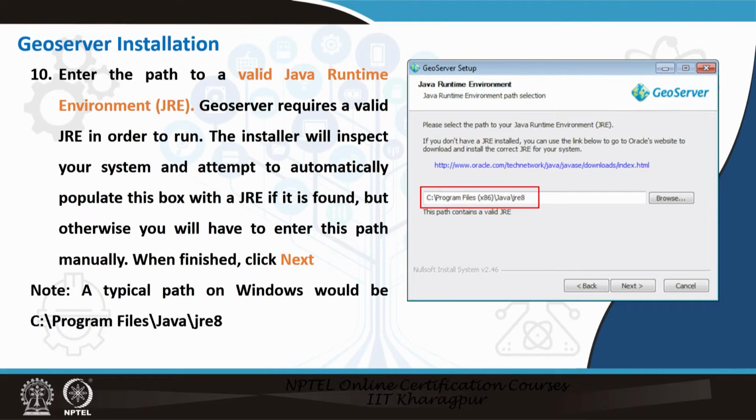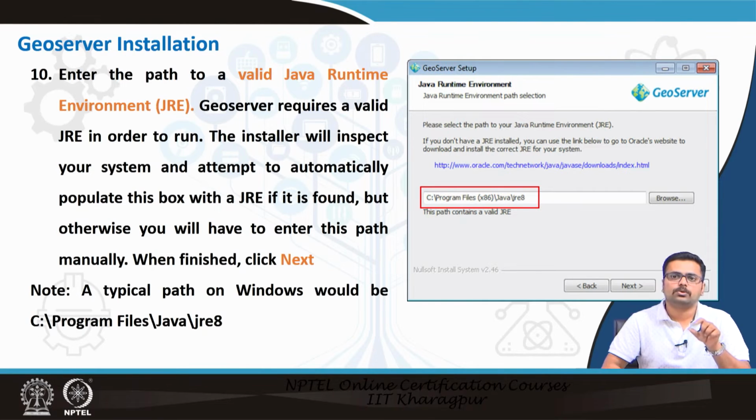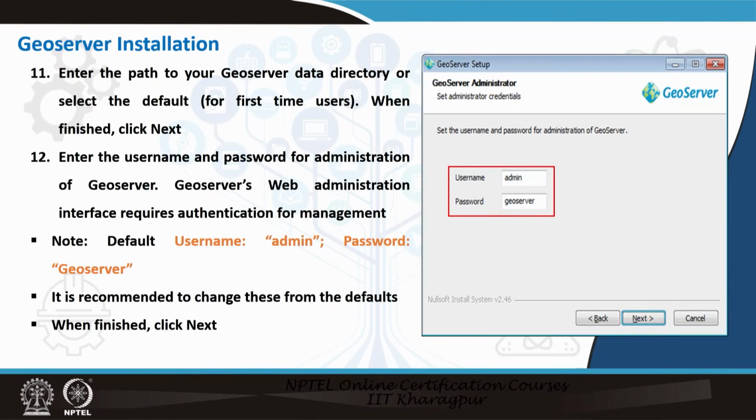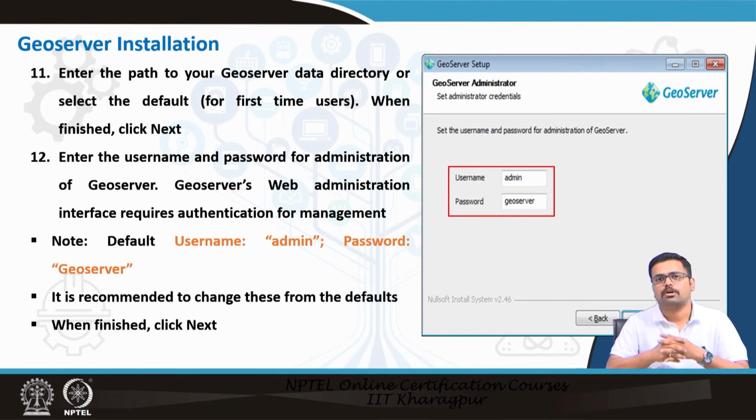It will also ask where the Java environment is located. You just need to browse to the C directory, and browse to the folder where you have kept the Java JRE8 file. Once this is done, it will take you to the next tab, where it asks for the GeoServer username and password. By default the username and password will be admin and geoserver.